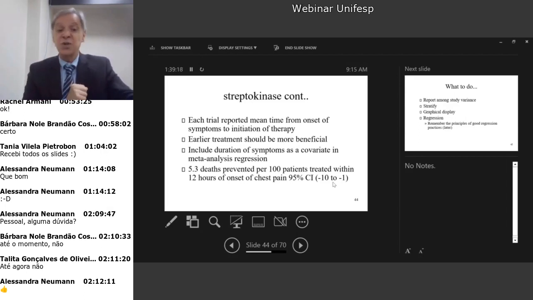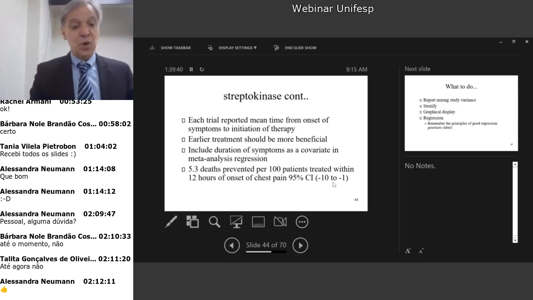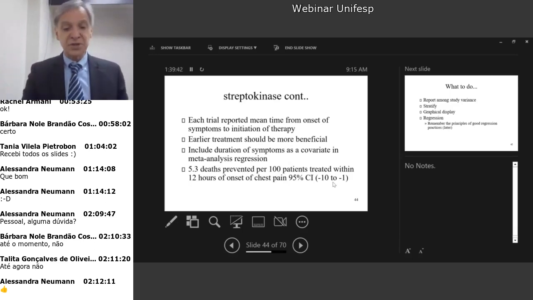Therefore, I need to include the average duration of symptoms as a covariate in the meta-analysis, because the duration of symptoms creates a function called mean time from onset of symptoms to initiation of study. So if you include that variable, it might affect the analysis in a more practical way. It's a confounder across studies. So once I do that, the analysis completely changed.